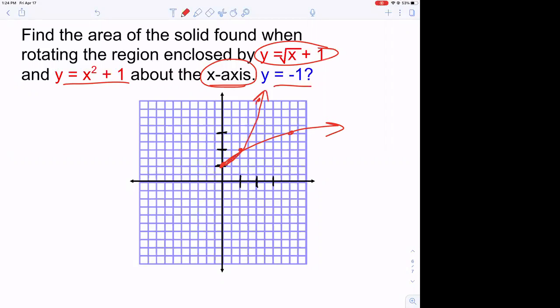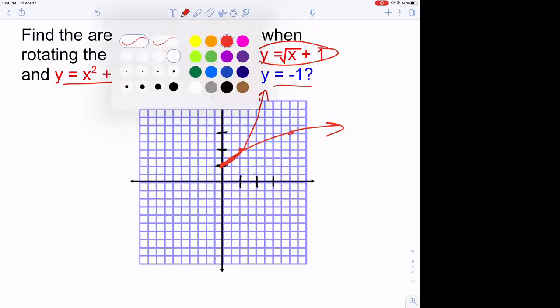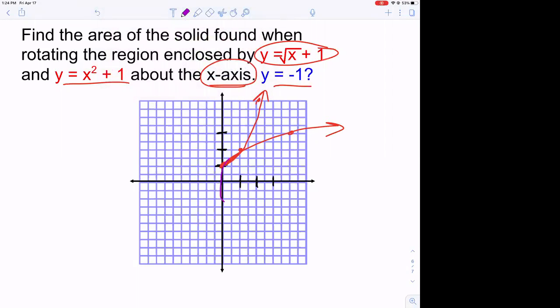So it's this little guy right here. And we are revolving it about the x-axis, right? So about this way. And if I do my thing that I normally do with drawing kind of reflection down here, is there some open space? For sure. So this is going to be the integral from, where are my bounds? 0 to 1, right? Because that's where they meet.